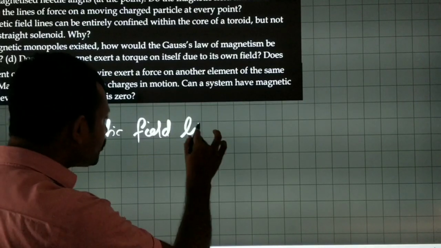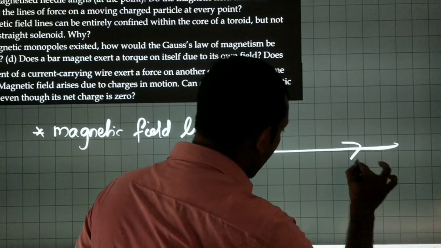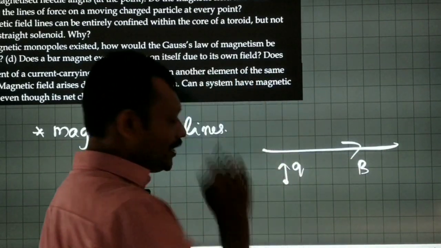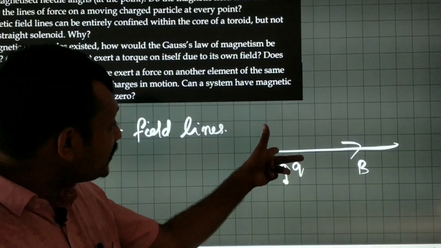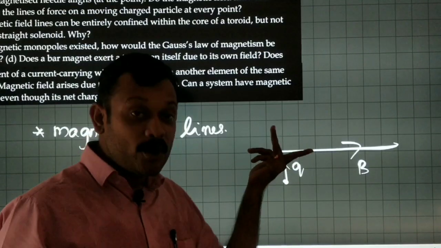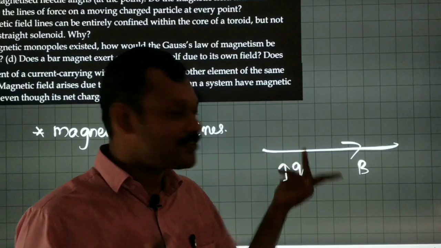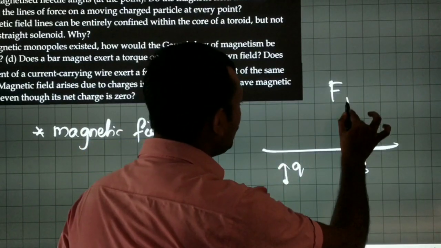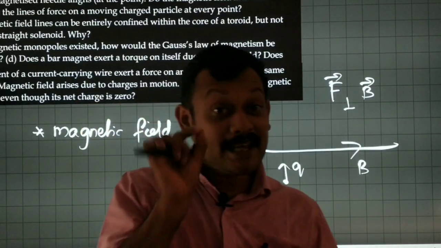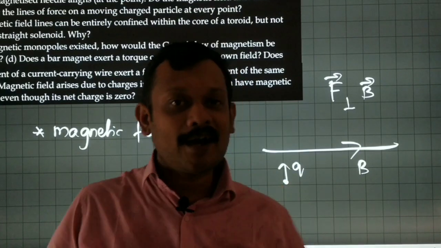It is wrong to say magnetic lines of force because, as you know, this is the direction of the magnetic field at a point. Now I am releasing a charge Q likewise. We know that the force experienced by a charged particle is perpendicular to the magnetic field.